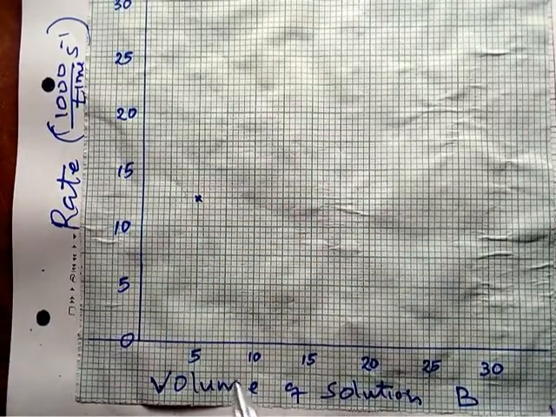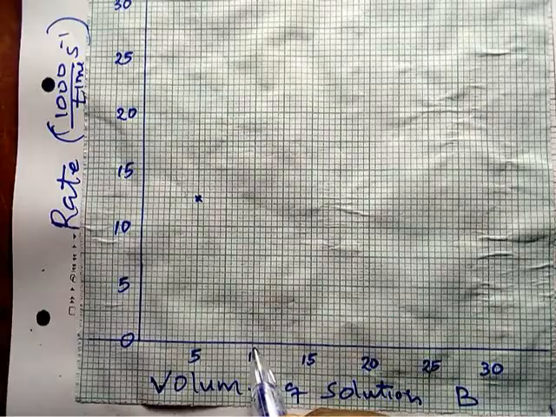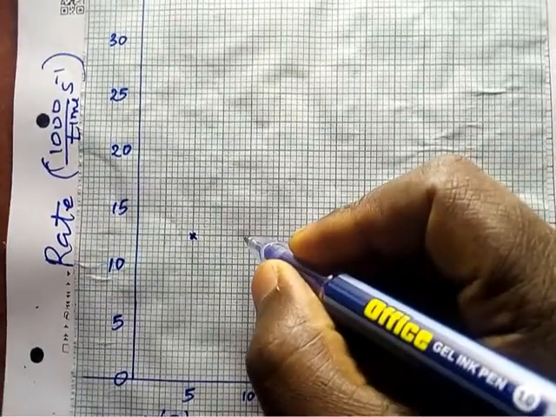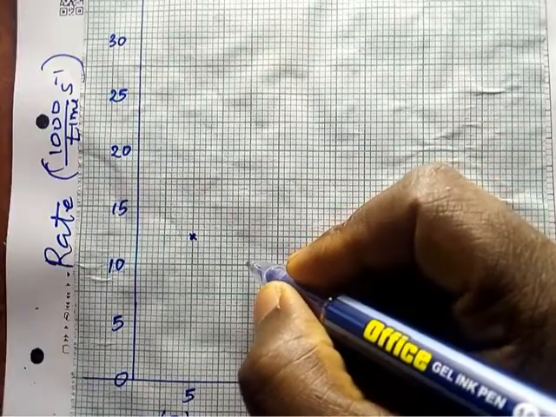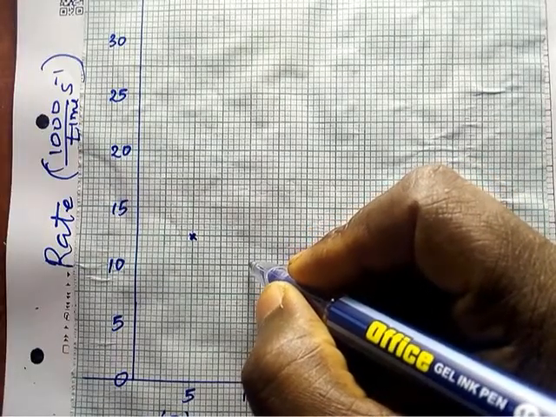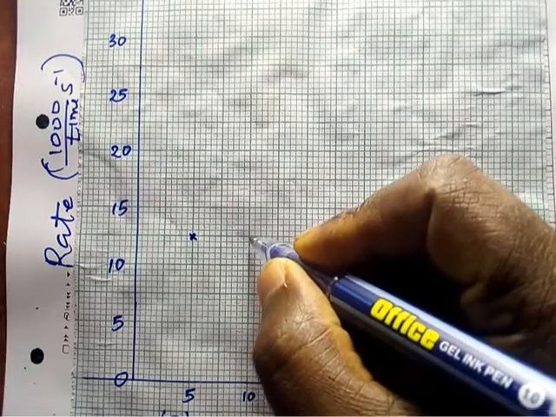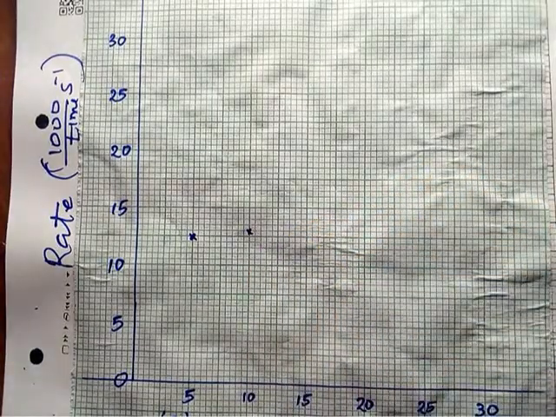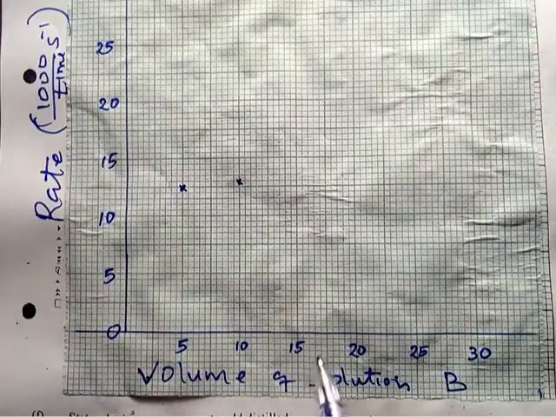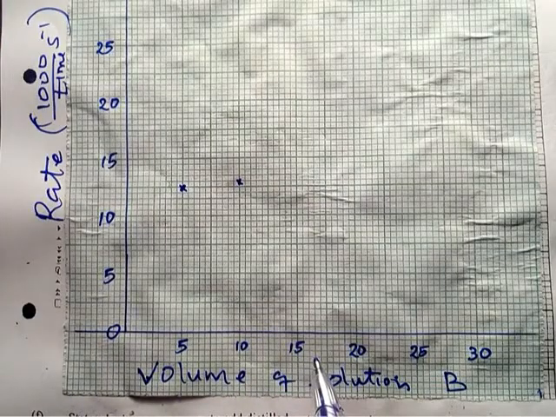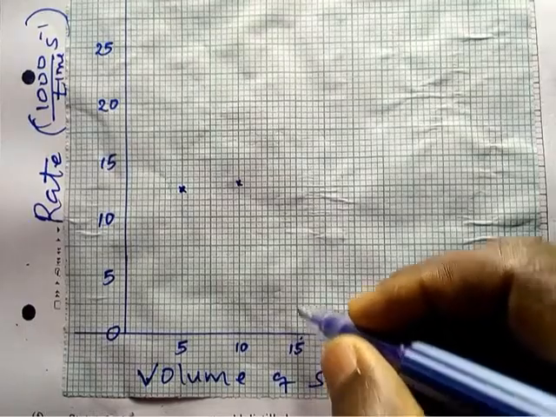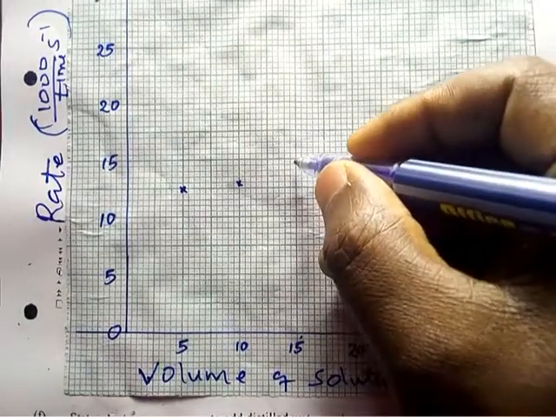When the volume is 10, it is 13, so 10, 13 is here. When the volume is 15, it gives us 15. So we have 15 here.